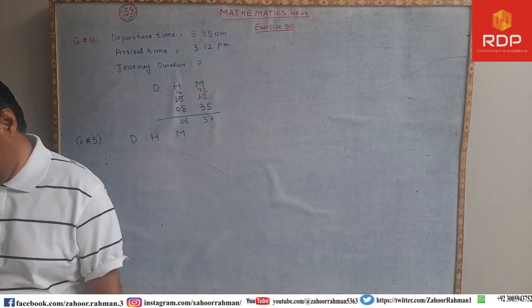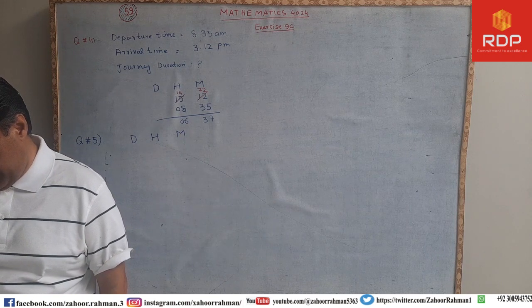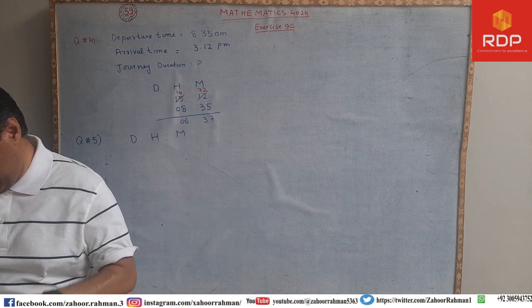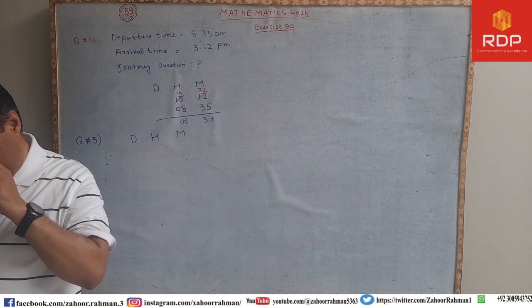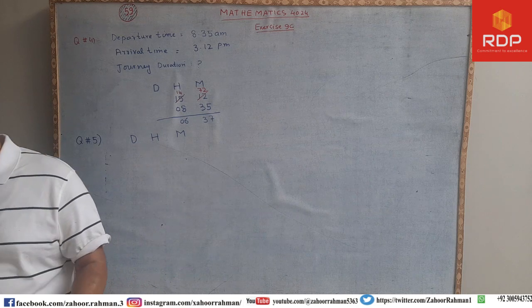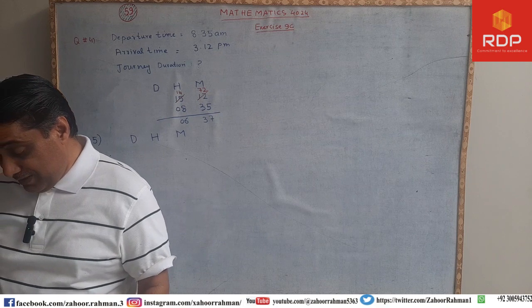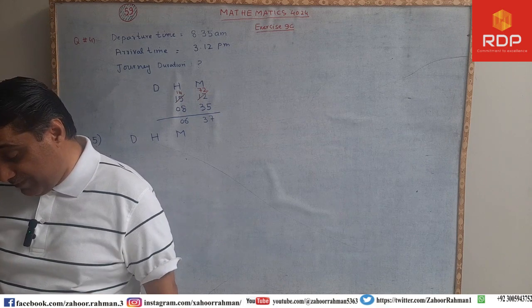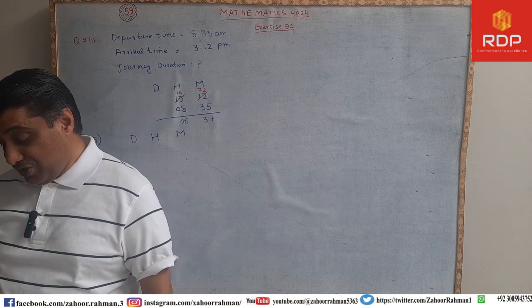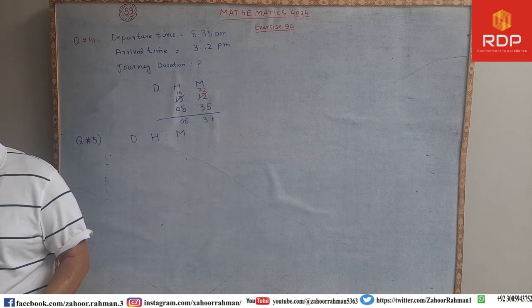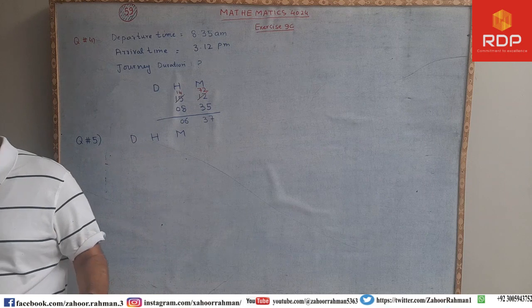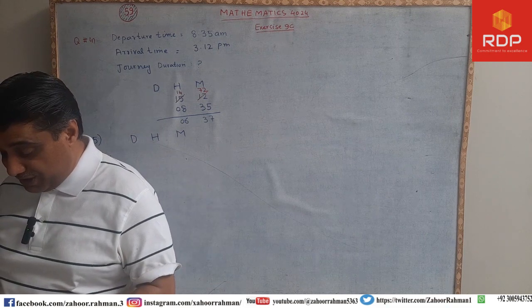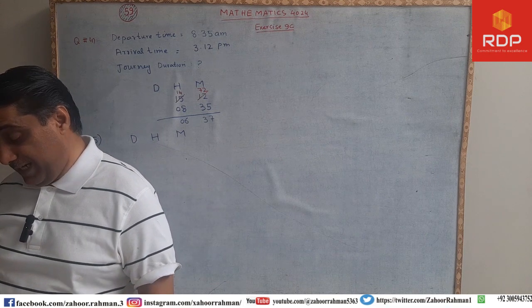Here you have to keep one thing in mind. I will tell you in a moment. 21:55 is the departure time. They took 9 hours and 18 minutes. So departure time and duration of journey should be added.